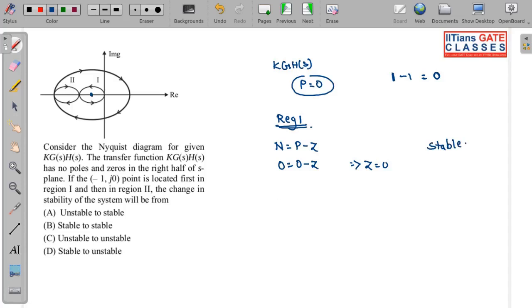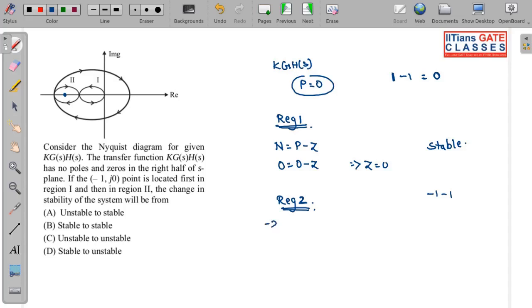Now if suppose critical point is located in your region 2, region 2 means this point. Okay, if it is located in this point over here, so what will happen? Once again let us see your number of encirclement. So this encirclement over here is in clockwise direction, so -1, and even this encirclement still we have, so that is also -1.